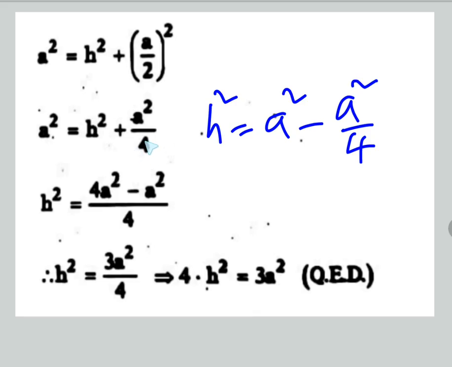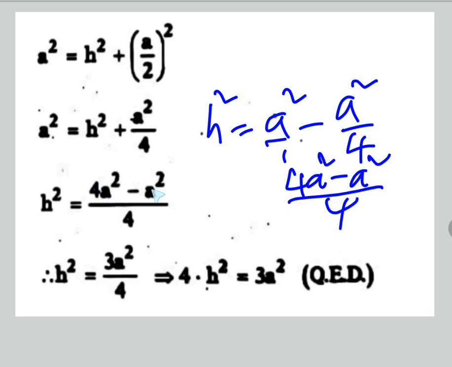Taking LCM, 4A square minus A square by 4, so H square is equal to 3A square by 4. Take this 4 to the left side: 4H square is equal to 3A square. This is what was required to prove.